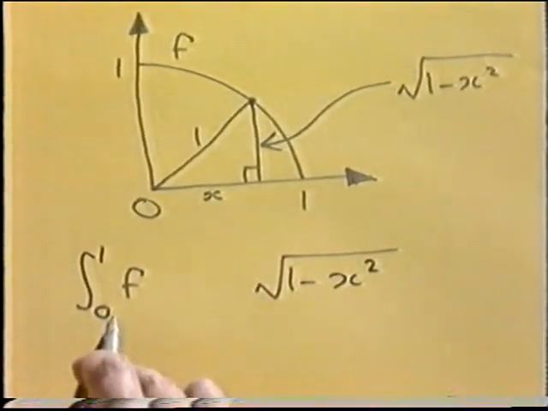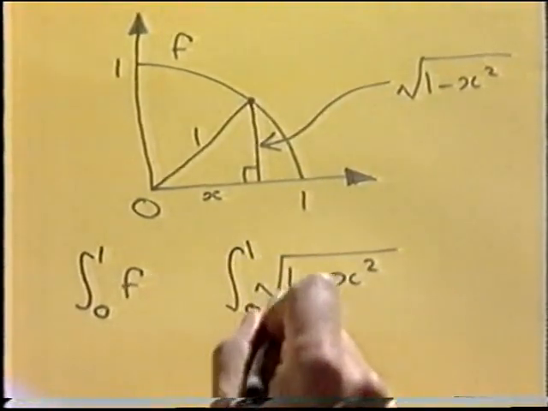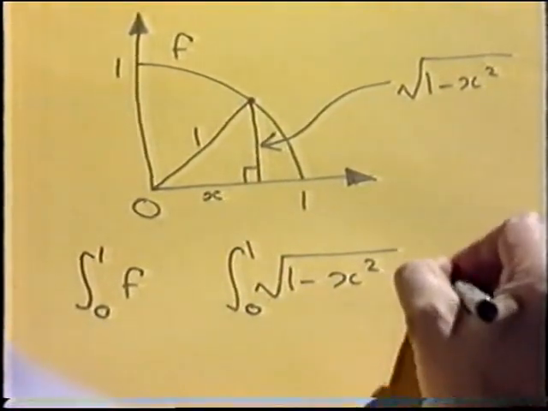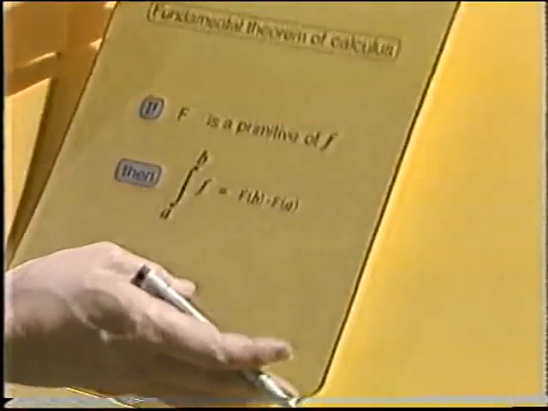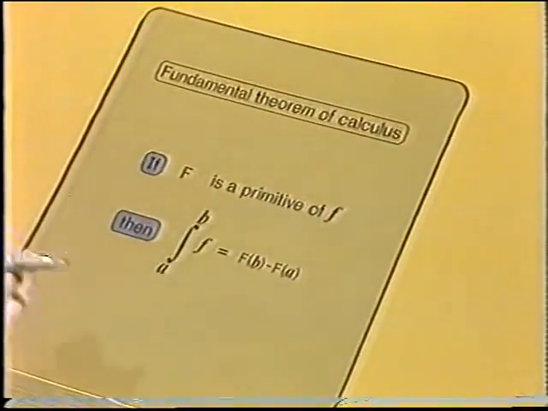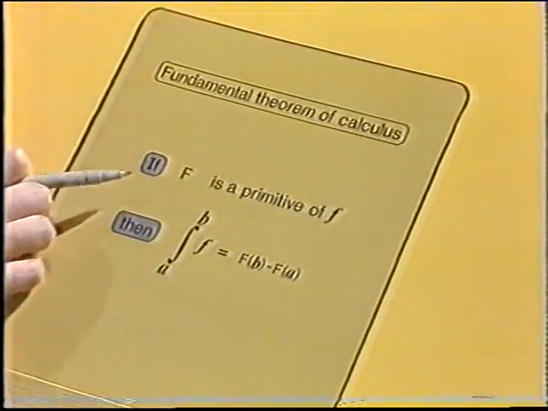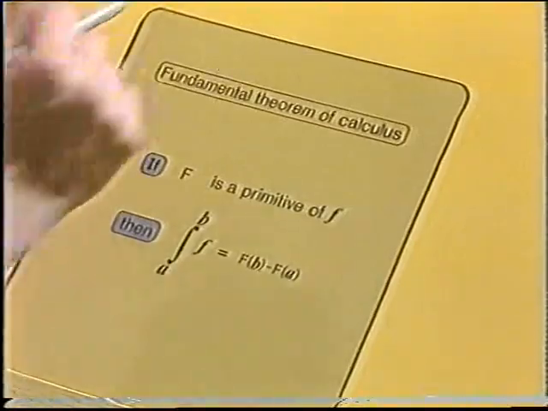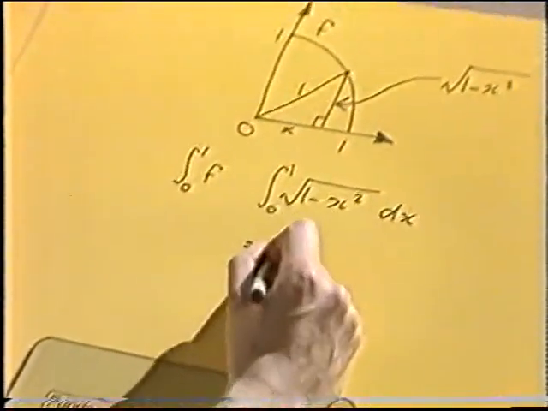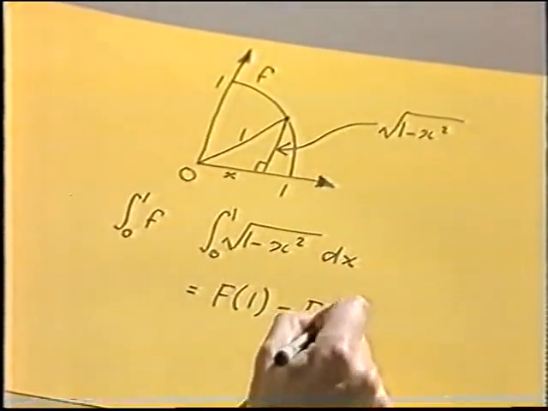So what we want is the integral between 0 and 1 of root 1 minus x squared dx. And this is where the fundamental theorem comes in. It tells me that in order to work out such an integral, all I have to do is find a primitive, big F, of my function. And once I've done that, my integral will be equal to big F of 1 minus big F of 0.